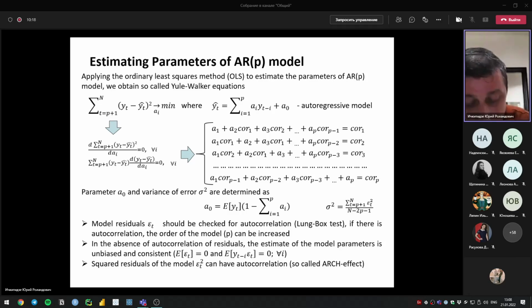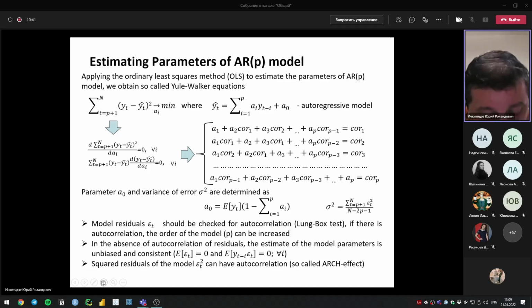Because once again, an increase in the parameters of autoregressive models does reduce autocorrelation. But in practice, as you will see from your experience, it practically does not modify your final forecast in any way.